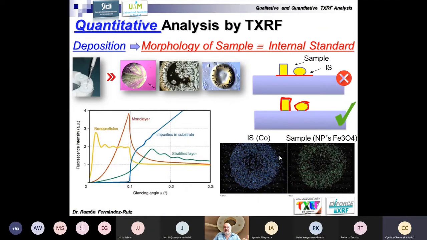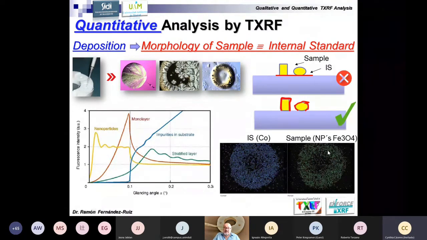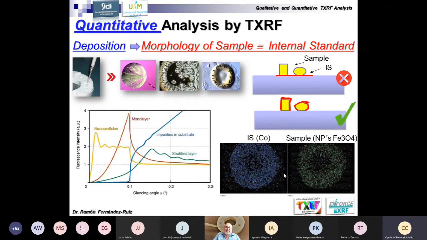For example, from a spatial distribution, in this case, these are nanoparticles of iron oxide. You can see the iron distribution, and you can see the internal standard distribution. Spatially they are overlaid.